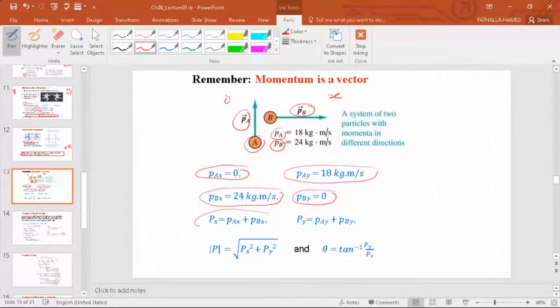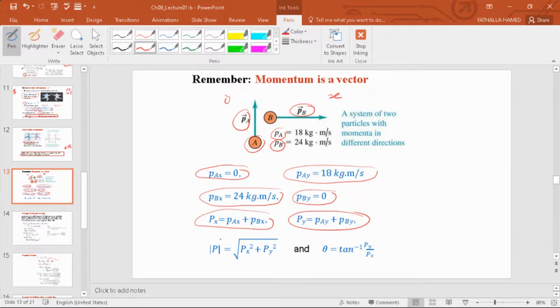Now, I will add the X components as usual when you deal with vectors. So you take the PAX plus PBX, and you add the Y components, which is PAY plus PBY.